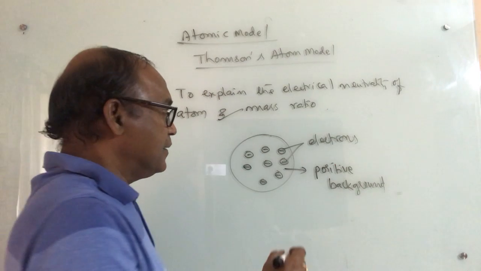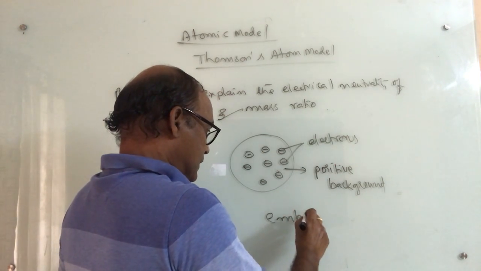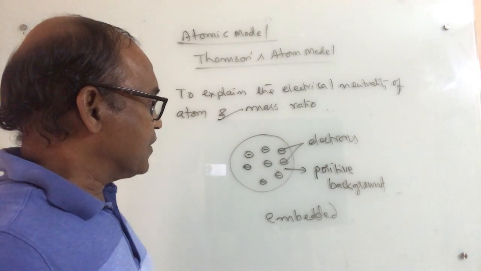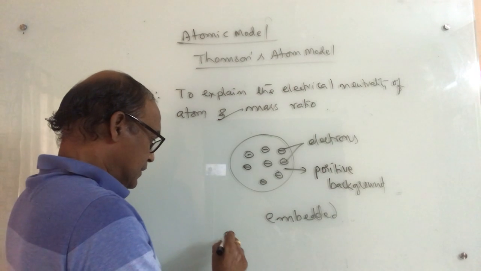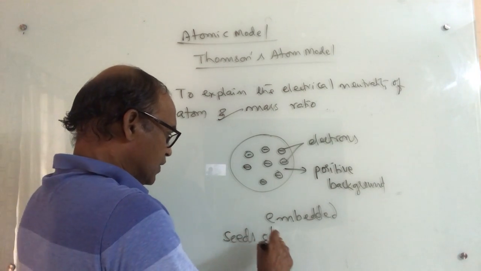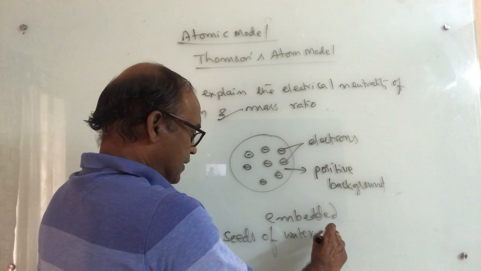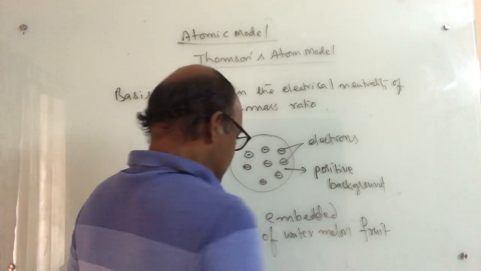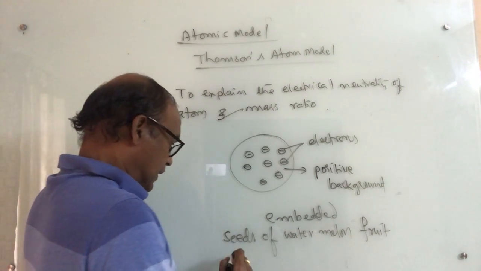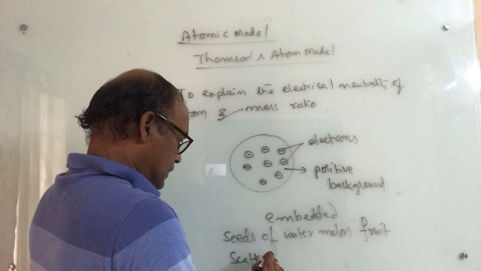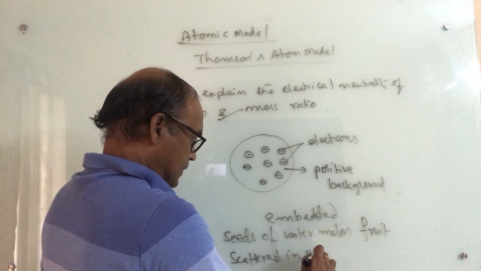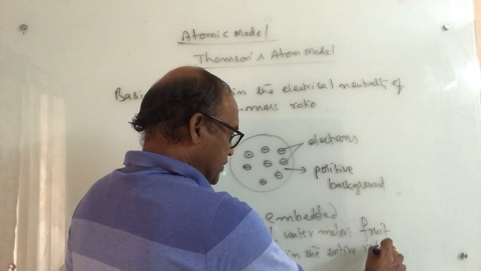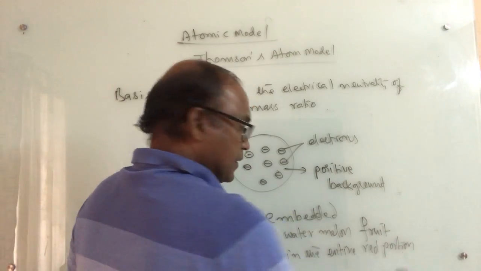Electrons are embedded or scattered in the entire mass of the proton, just as seeds of watermelon fruit are scattered in the entire red portion of the fruit.